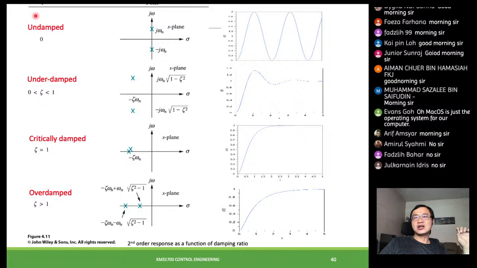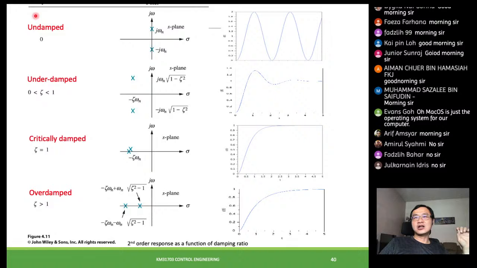Next would be the underdamped second order system. We now want to check the transient response of it, how it behaves. Like the first order, where we have the settling time and the rise time, it's the same thing for the second order system.